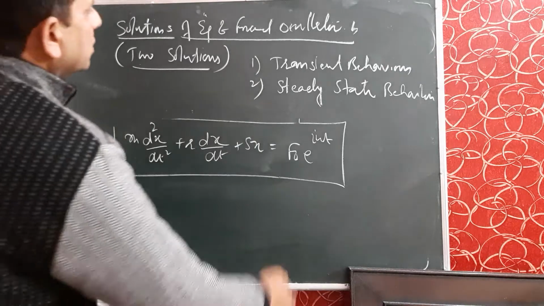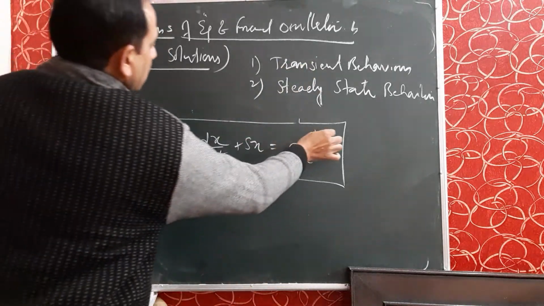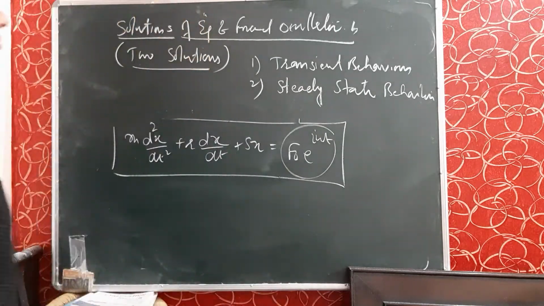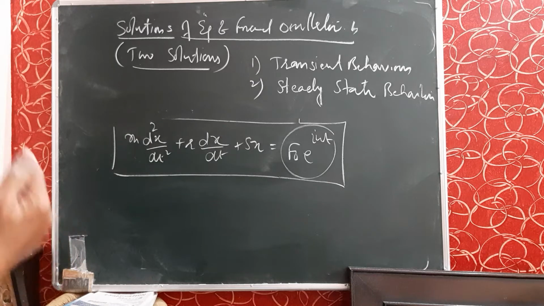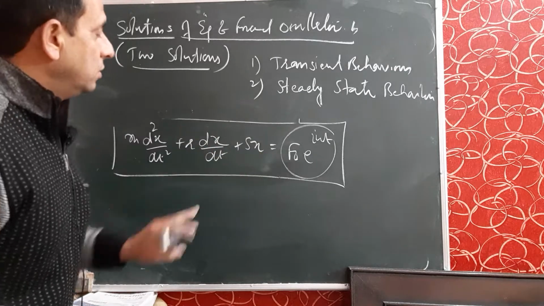So what is transient? Transient is that behavior when there is no applied force, means initially this force is not applicable on the system. After a fixed time we will apply this force. So in the initial period this force is not there.